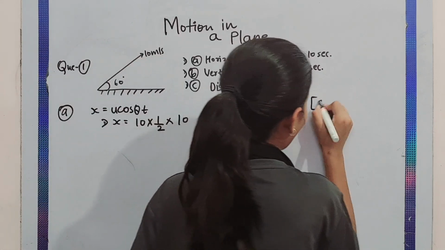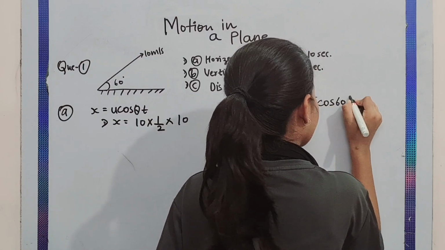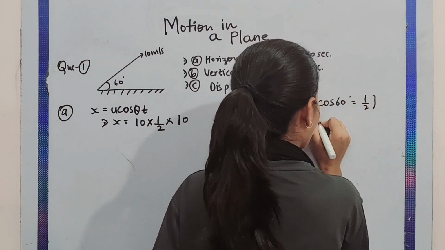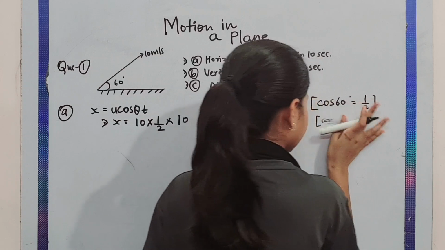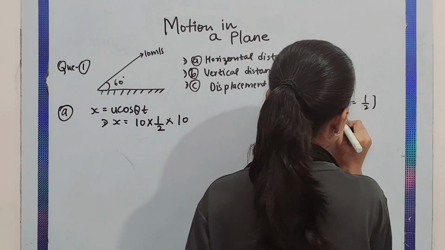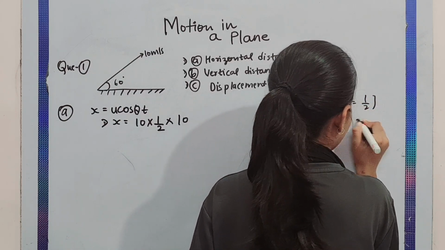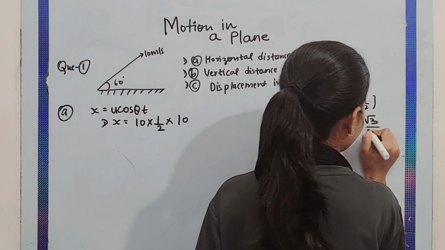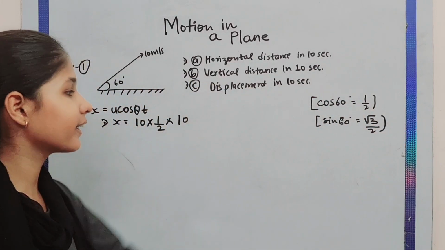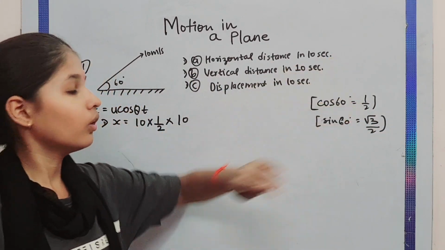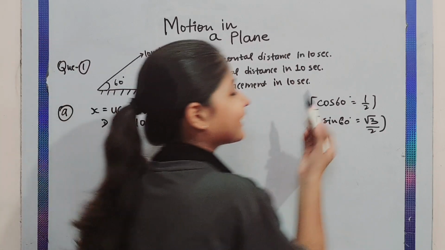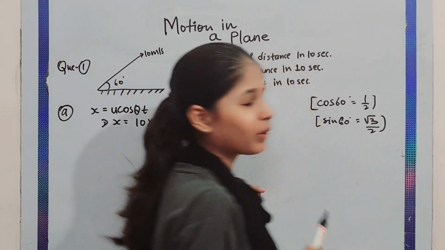As you all know, cos 60 degree is equal to 1/2, and sin 60 degree is equal to under root 3/2.